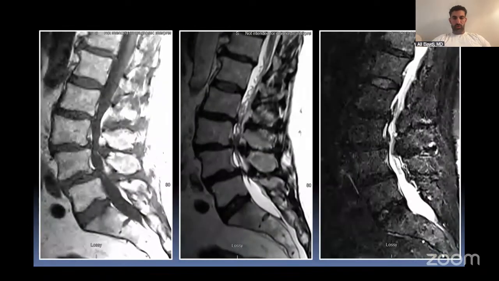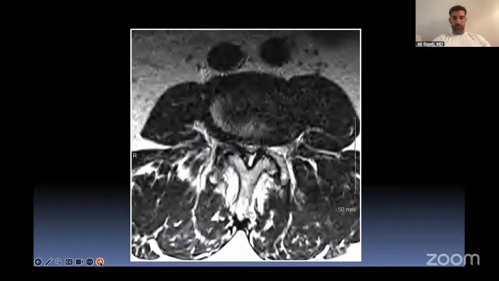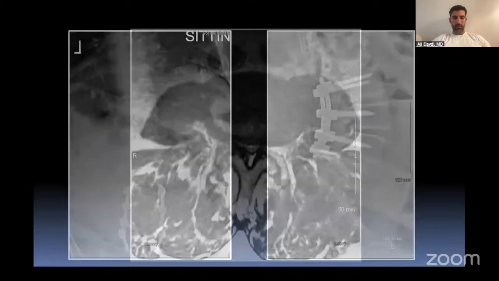These are some sagittal cuts of his MRI showing severe stenosis at L3/4. This is an axial image showing foraminal stenosis, as well as some central stenosis.